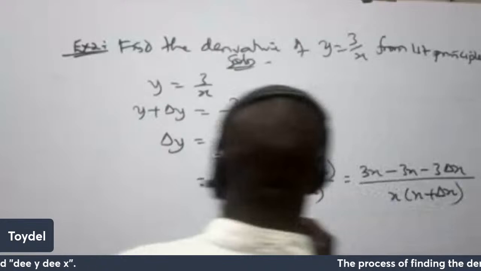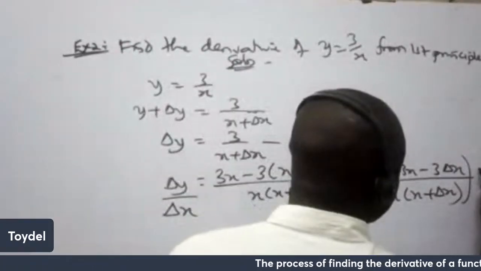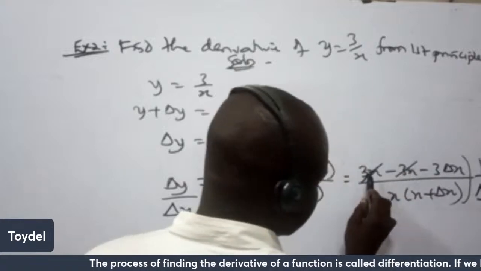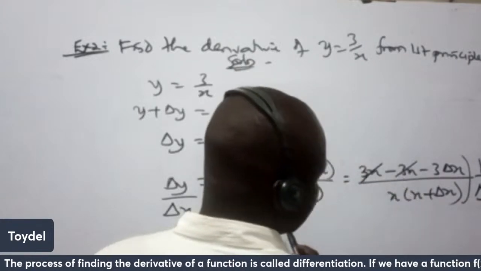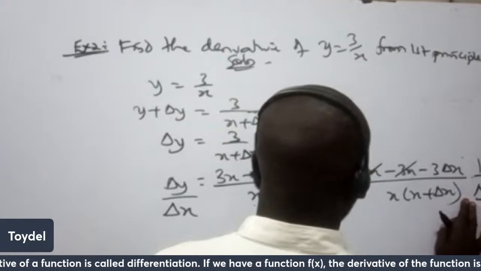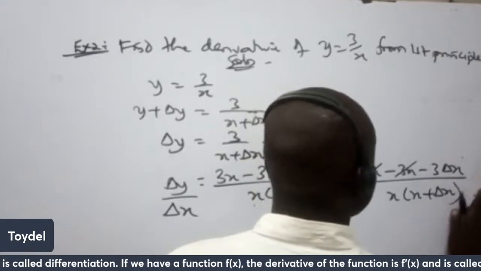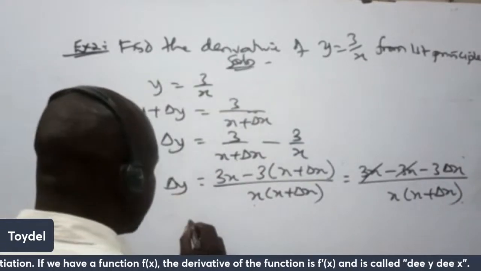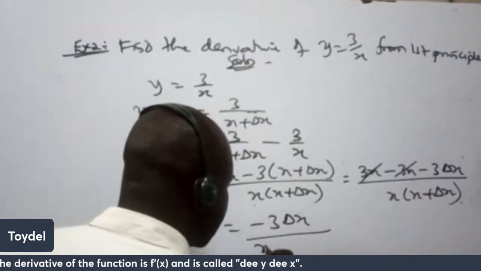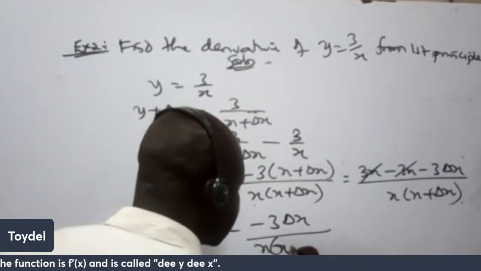Please divide both sides by delta x. This will be 1 over delta x. Let's do it stepwise so that there won't be any mistake. From here, we have delta y equal to minus 3 delta x all over x into bracket x plus delta x.